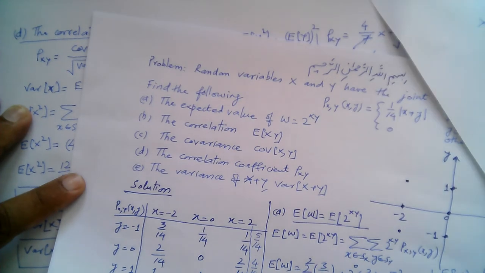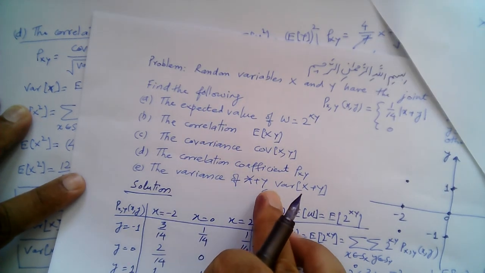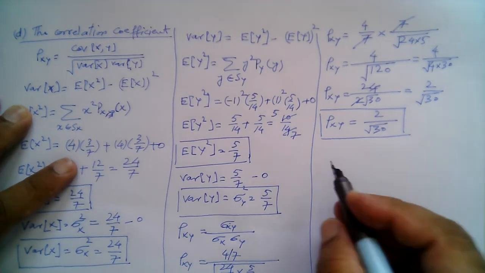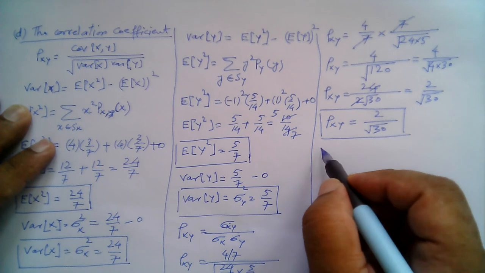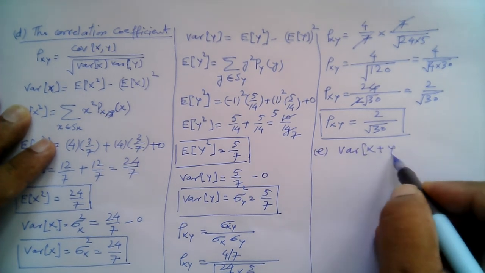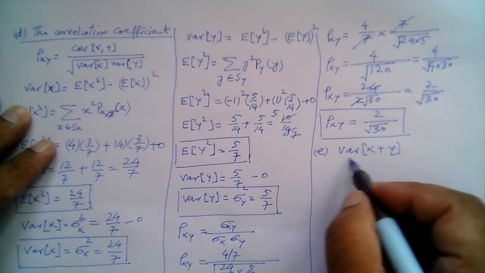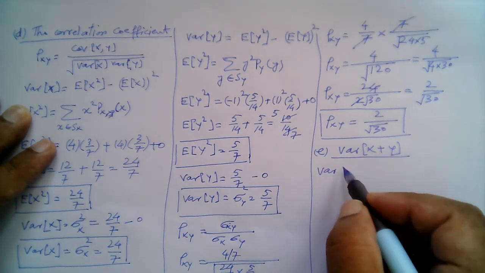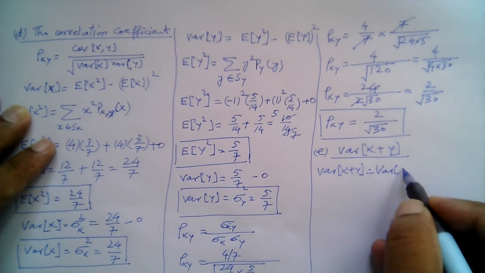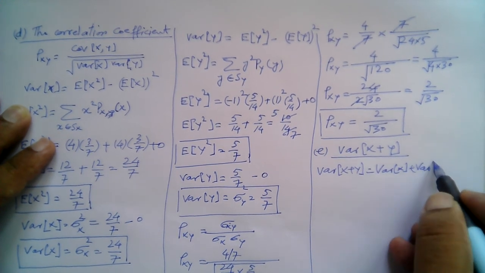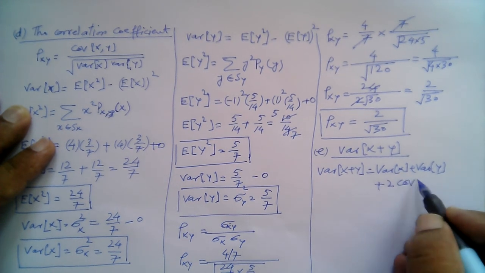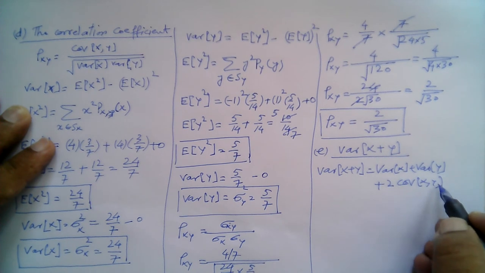Now we are left with part E, the variance of x plus y. As we know, the variance of x plus y is given by the variance of x plus the variance of y plus twice the covariance of x and y. We just need to put in the values.